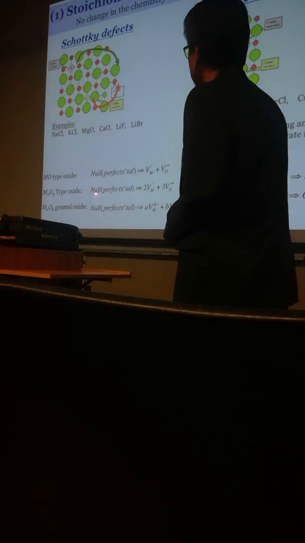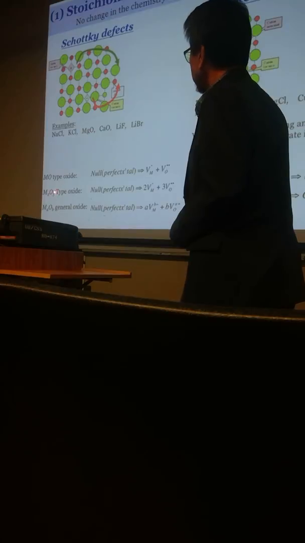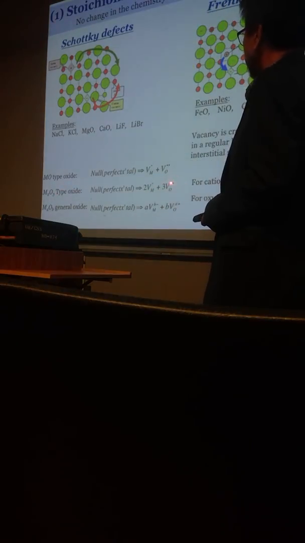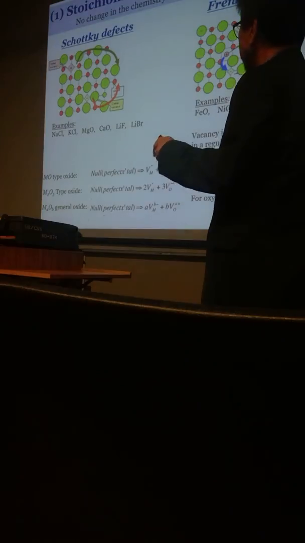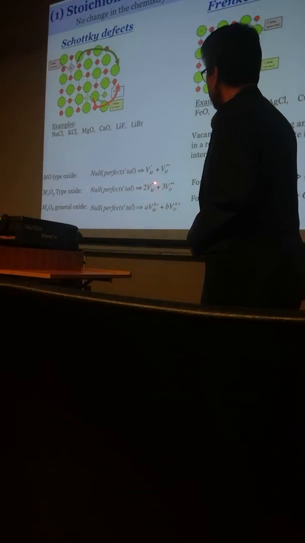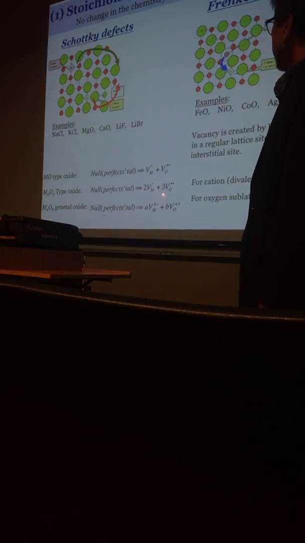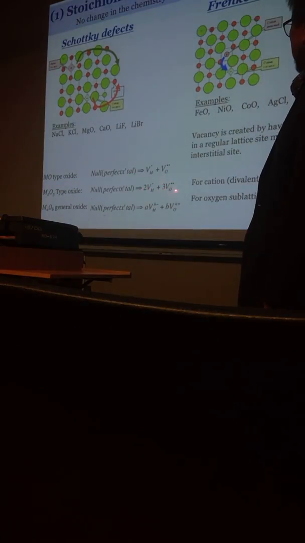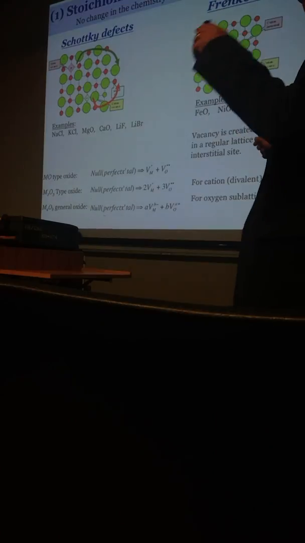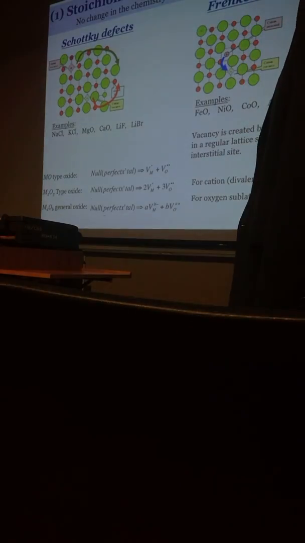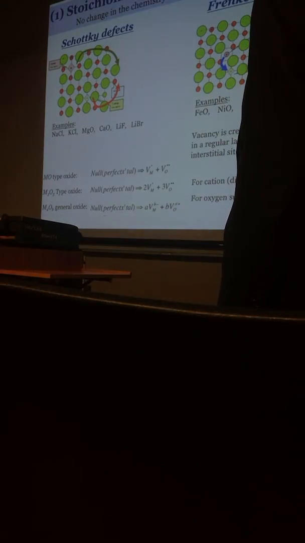On the other hand, oxygen is a 2 minus, so if you remove the oxygen, what we have left over is a 2 plus. So in order to balance the charge, we have to have 2 moles of metal vacancies and then 3 moles of oxygen vacancies have to be made. And so a charge balance has to be found. You will probably learn about it from the specific examples.